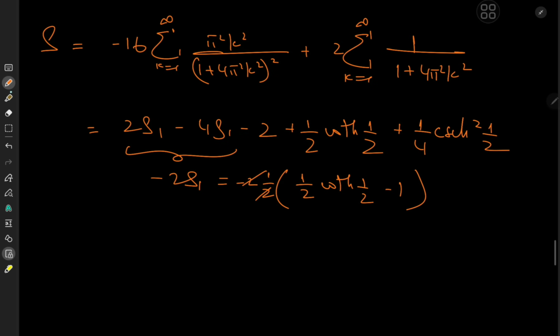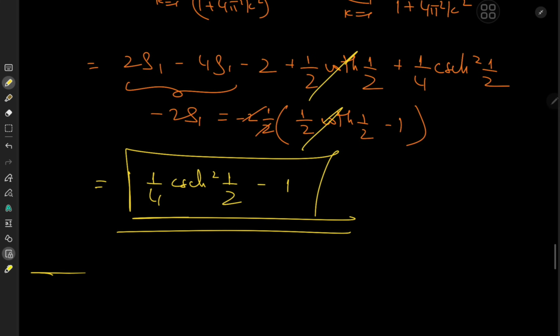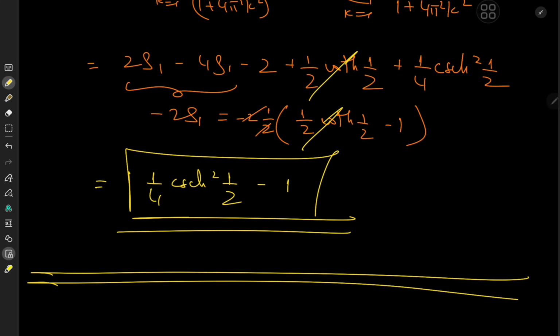So what I actually have is a negative sign outside, so that means this bad boy canceled out over here. There's a plus 1 and a minus 2 giving me minus 1. So I'm finally left with 1/4 of hyperbolic cosecant squared 1/2 minus 1. Wow, that was a wild ride. Definitely one of the best in the series evaluated so far on the channel. I hope you enjoyed the video.